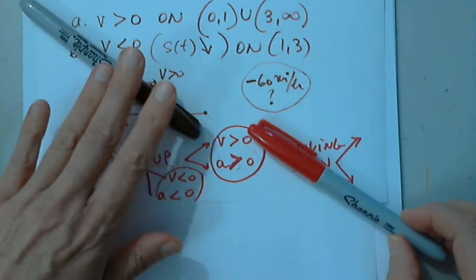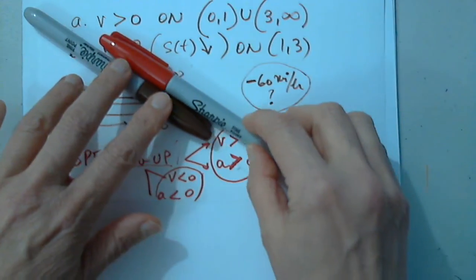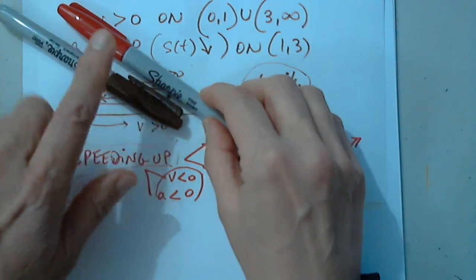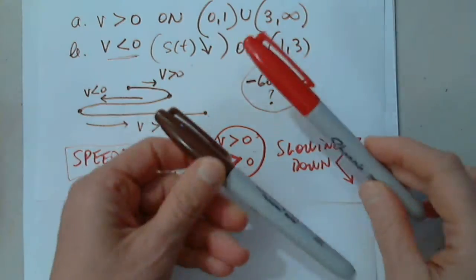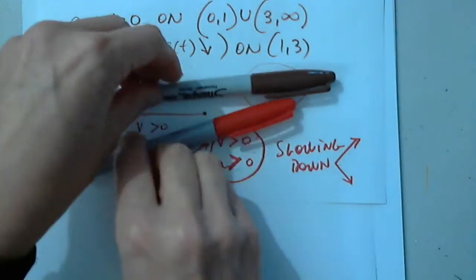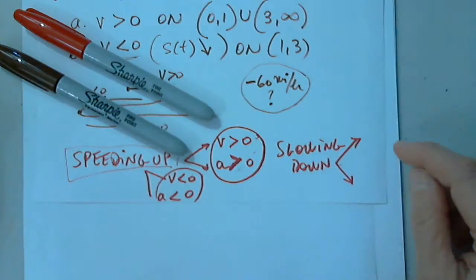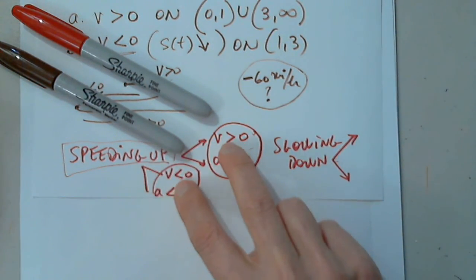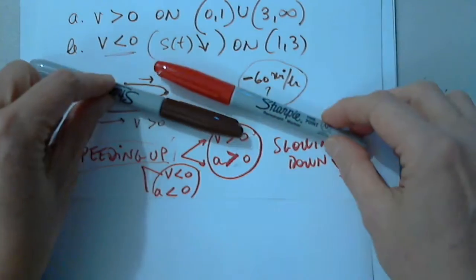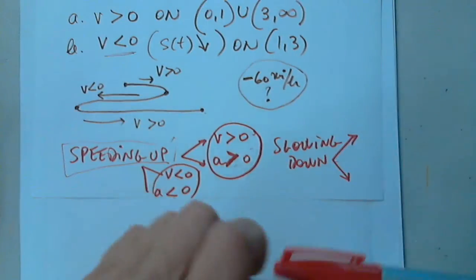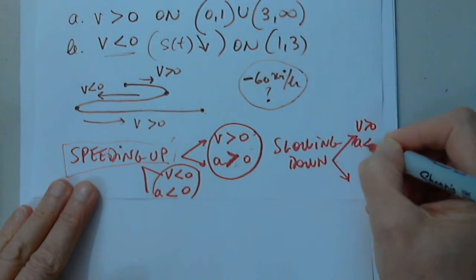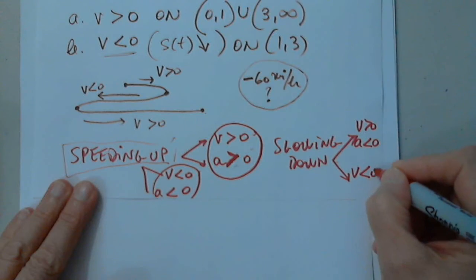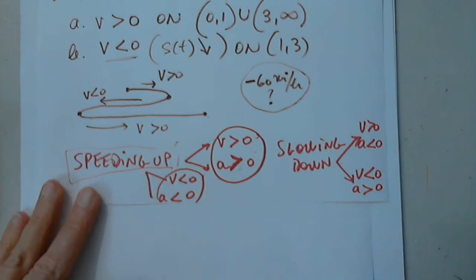But if there is a headwind, you get to New York, but in 45 minutes, because the headwind will slow you down. So if the two forces work together in any direction, positive or negative, then the particle is speeding up. But if they are working against each other in any direction, then it's slowing down. So velocity positive, acceleration negative, or velocity negative and acceleration positive.